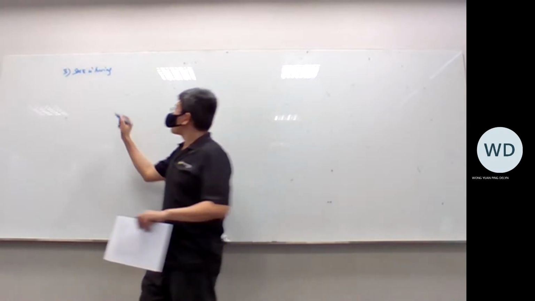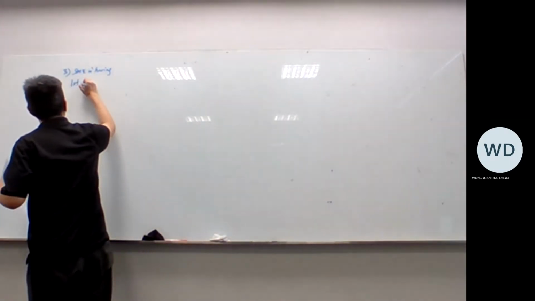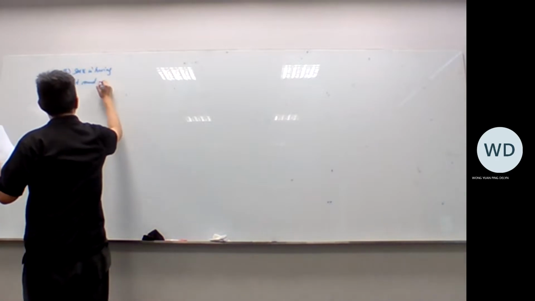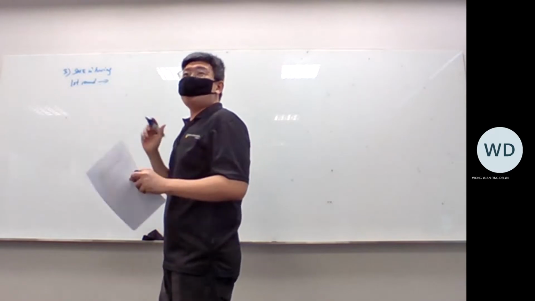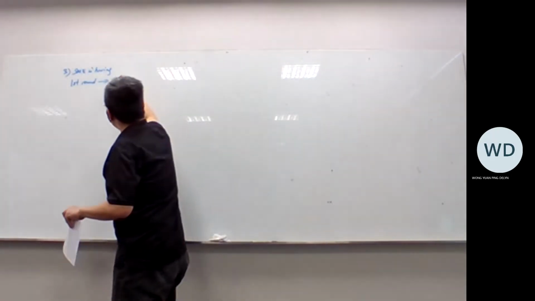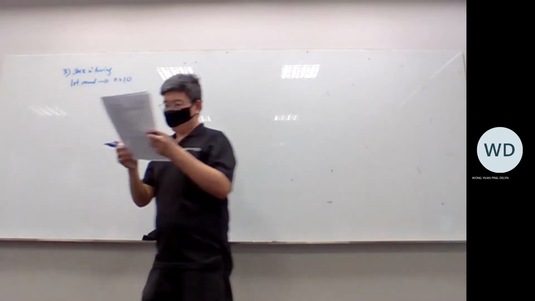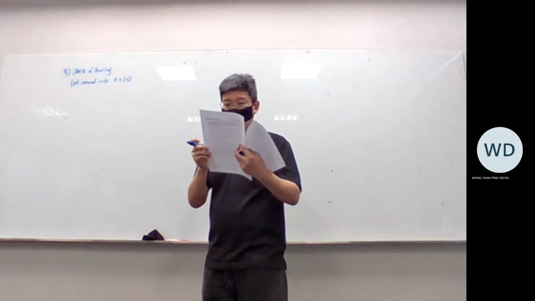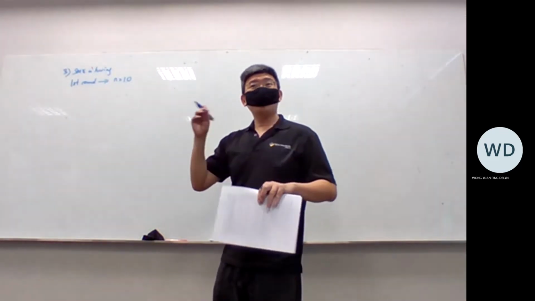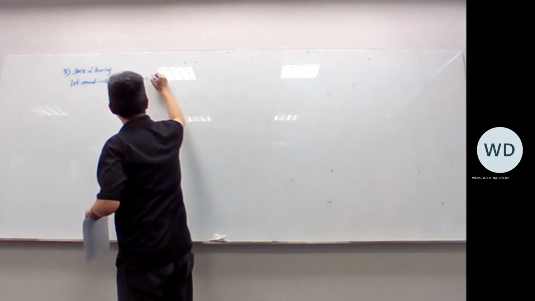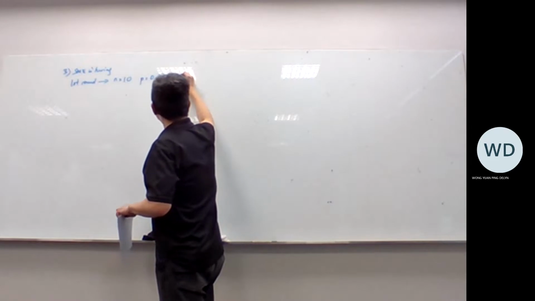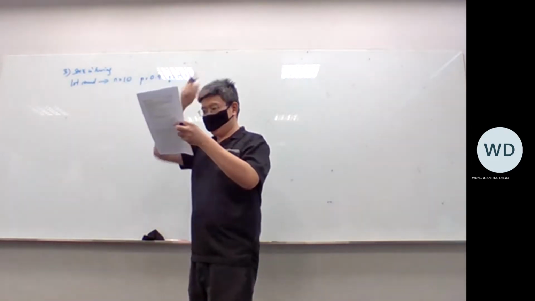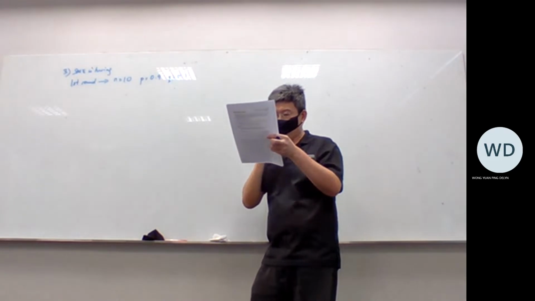In the first round, you have 10 interviewers, so n equals 10. Everyone is very relaxed: the probability of passing a candidate is 90%, which means the probability of failing the candidate is only 10%.